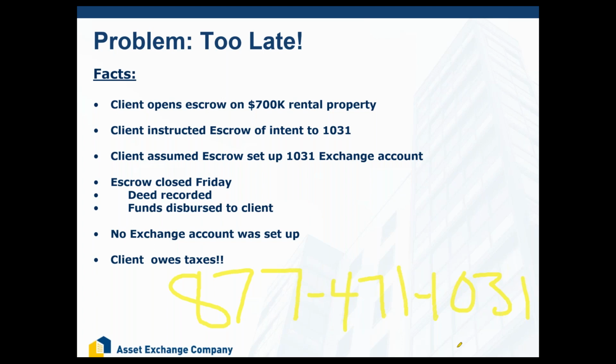Now, your escrow company cannot be the accommodator. Now, they may have an escrow partner like us. We are partners with many escrow companies, but the escrow company can't do it. There has to be a neutral third party that facilitates the process, and that's what we do.